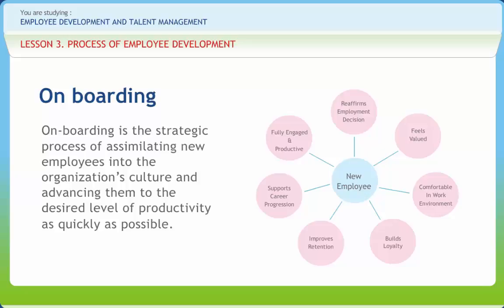Implementing a well-managed onboarding process can have a significant and measurable impact on employee productivity, retention, employment brand, services, workplace safety, and future hiring. Why is it important?